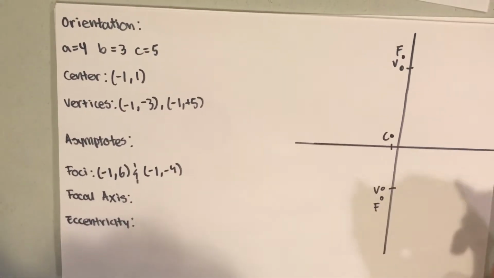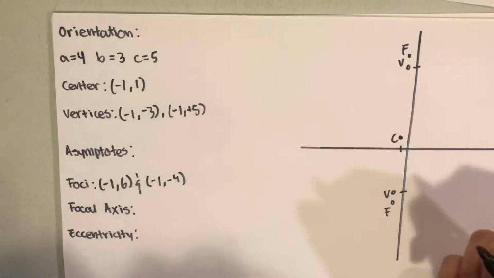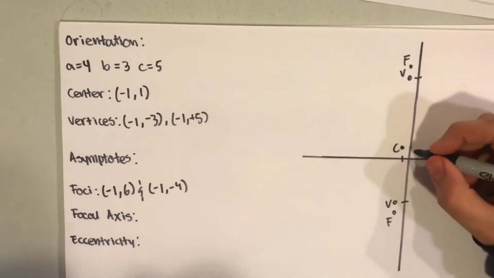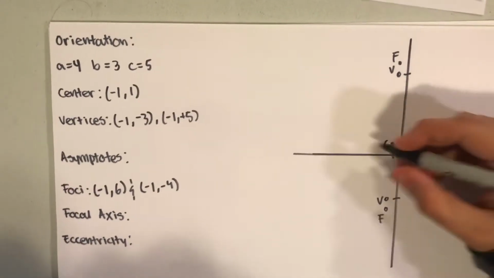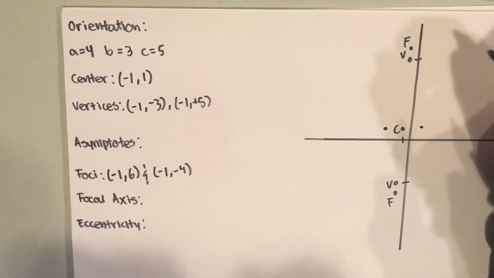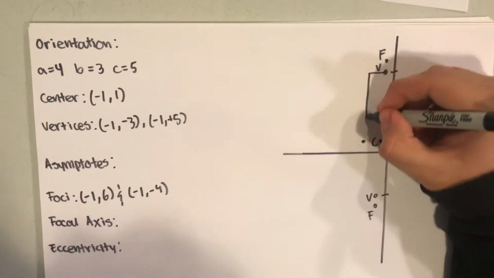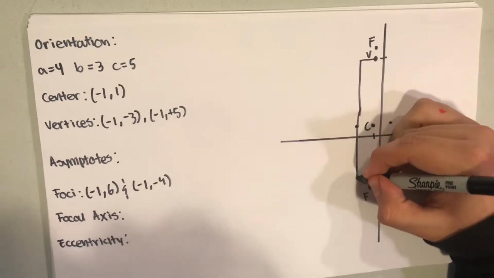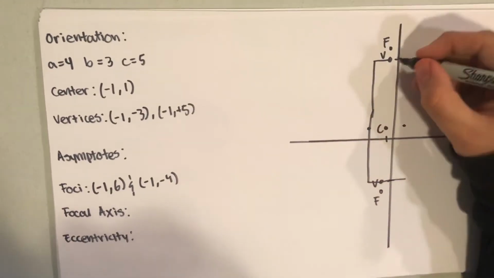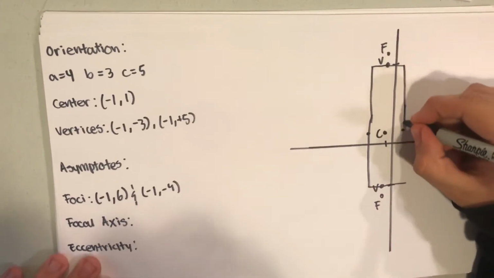You could also plot the co-vertices, which are the distance b from left to right. After plotting all 4 vertices, you draw a rectangle in order to find the asymptotes for the graph.